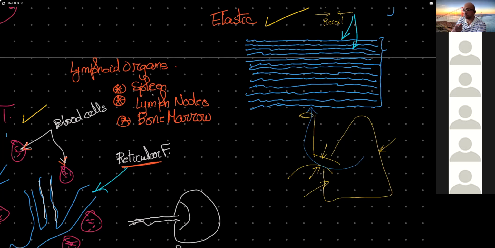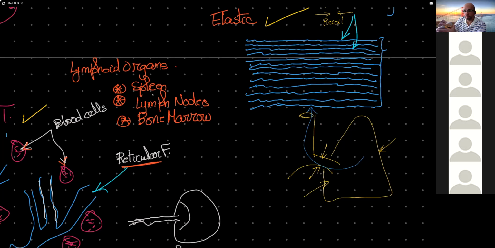Ears is another common wrong answer. Ear is elastic cartilage, not just elastic. It's cartilage, right? It supports the shape, but it's flexible, right?